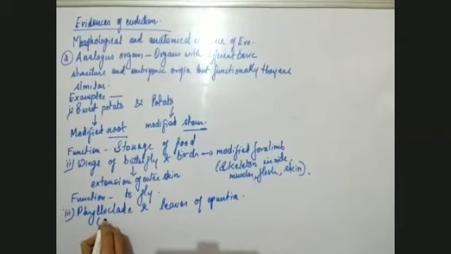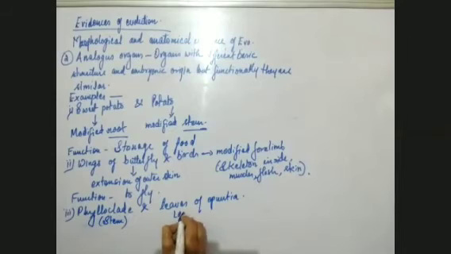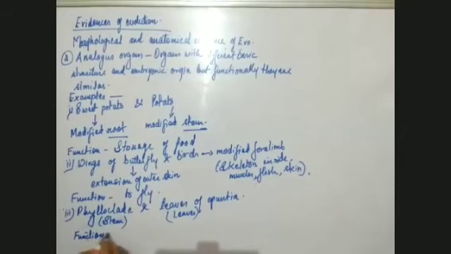This is a stem, whereas these are leaves. So the basic structure and the embryonic origin are different, but their function is the same, and that function is conservation of water. So these are examples of analogous organs.